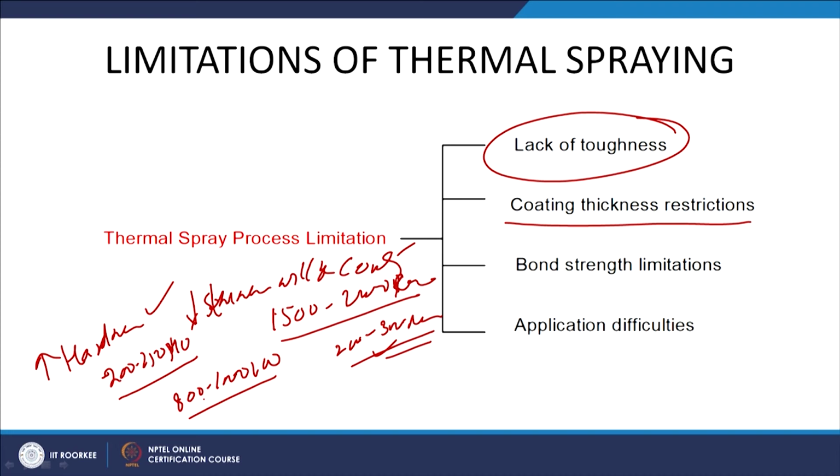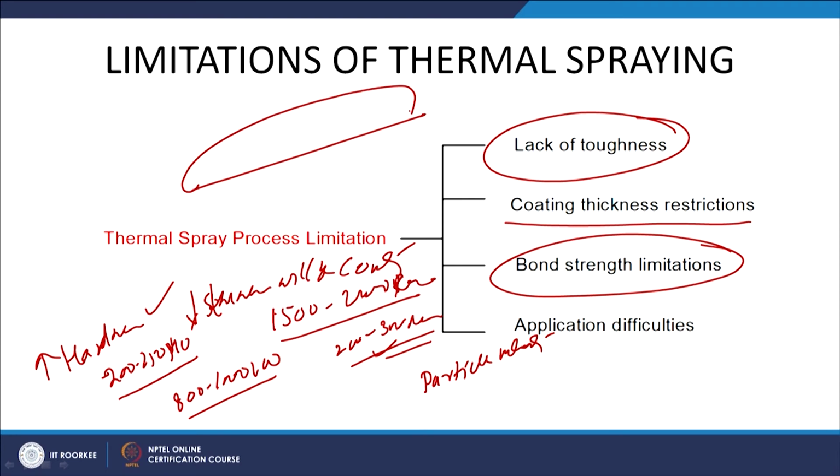Now, there are bond strength limitations as well, as per the particle velocity. Like this is the coating and this is the substrate. The coatings do not bond very effectively with the substrate, because most of the time it is mechanical bonding in the form of mechanical interlocking, and a little bit of metallurgical bonding also takes place, but that is limited.